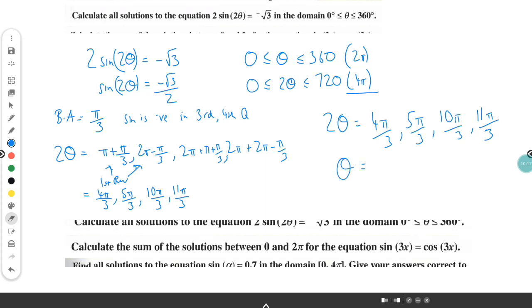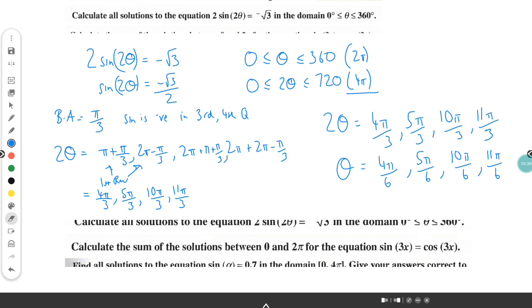Okay, just times 3 by 2. So if I divide through by 2, that becomes 4 pi on 6. That becomes 5 pi on 6. That becomes 10 pi on 6. And that becomes 11 pi on 6. Okay, I've divided through by 2.